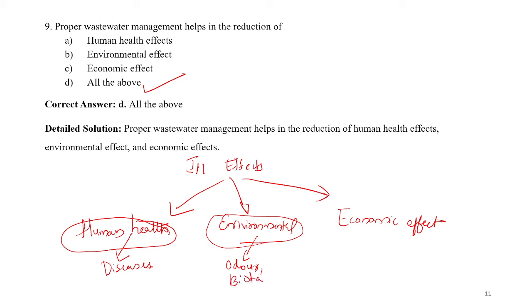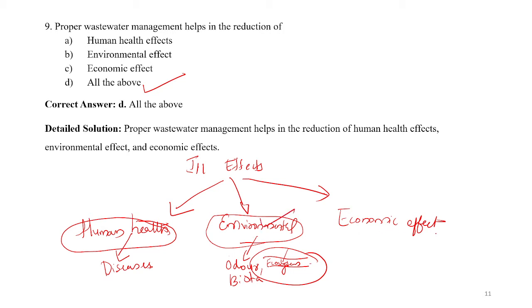Suppose you are disposing untreated wastewater into a stream, then it can affect the entire ecosystem present in that stream, and therefore it can deteriorate the biodiversity of the area, and also it can affect all levels of organisms. So that way it affects the environment altogether.